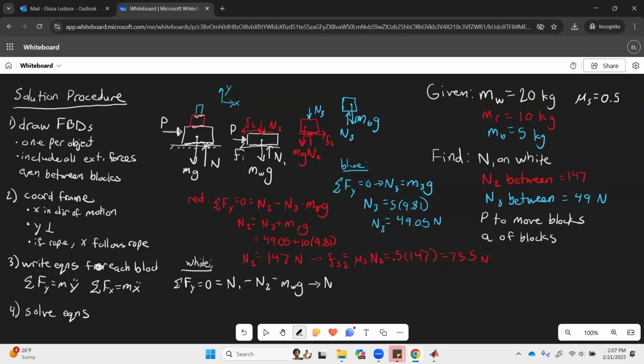So this tells us that normal force 1 equals normal force 2 plus mass of the white block times gravity. And so that's going to be 147 plus 20 times 9.81, 343.2 newtons equals normal force 1.